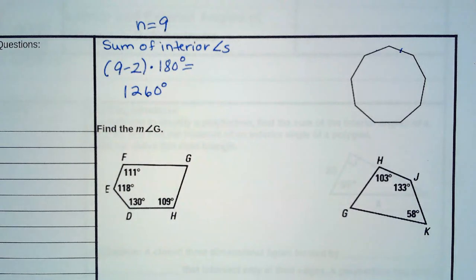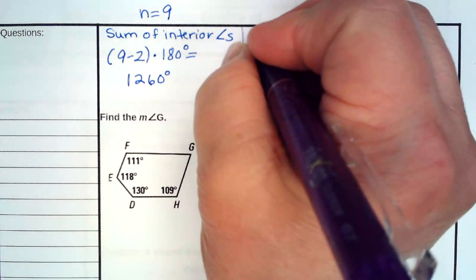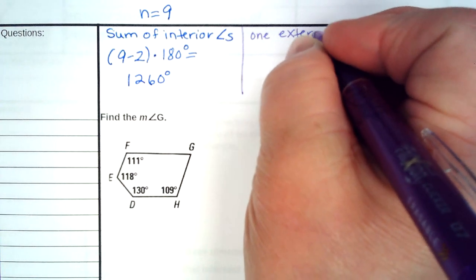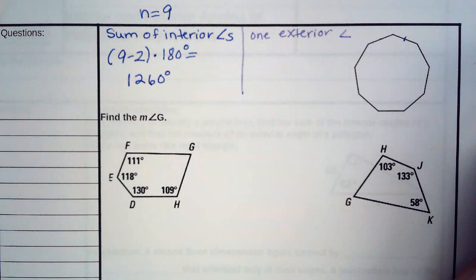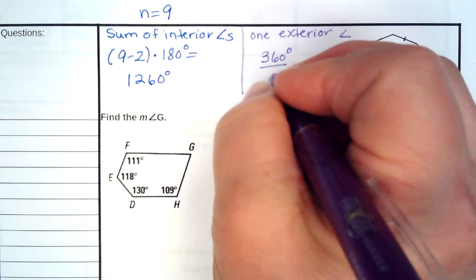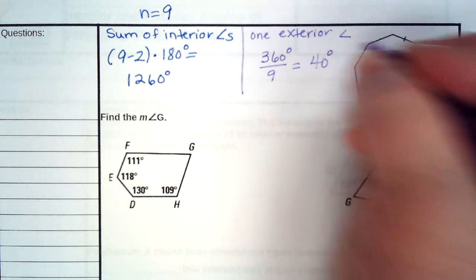Okay, but what about one exterior angle? Remember what you have to do? 360 degrees divided by 9, which will give me 40 degrees.